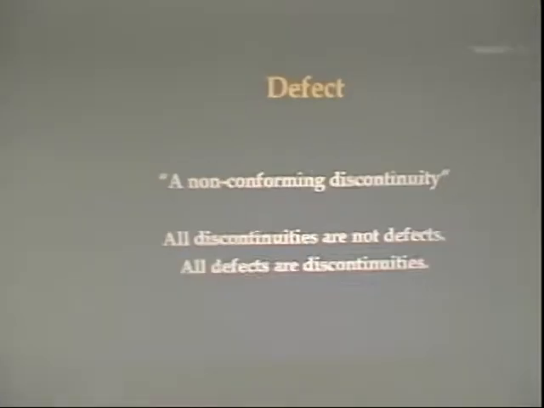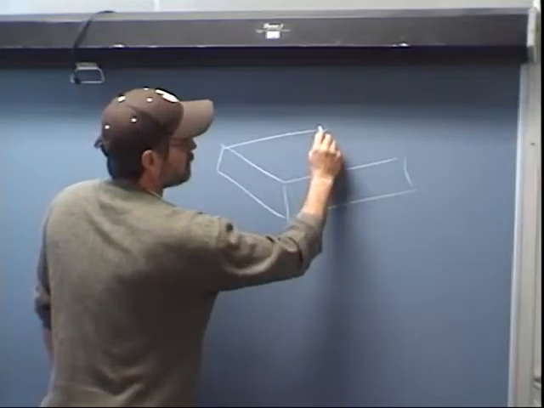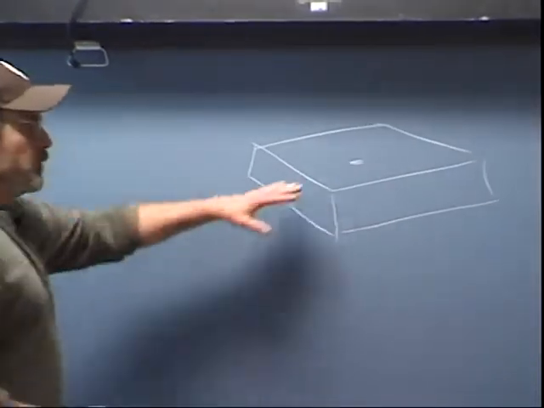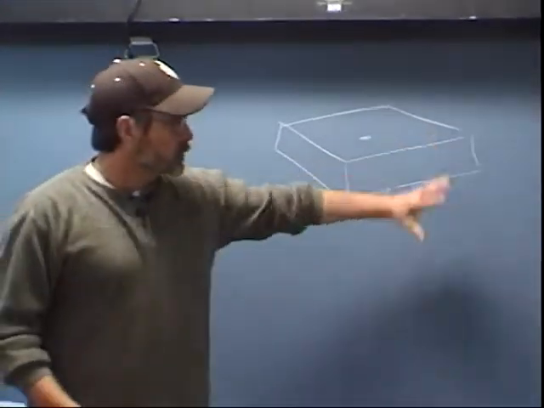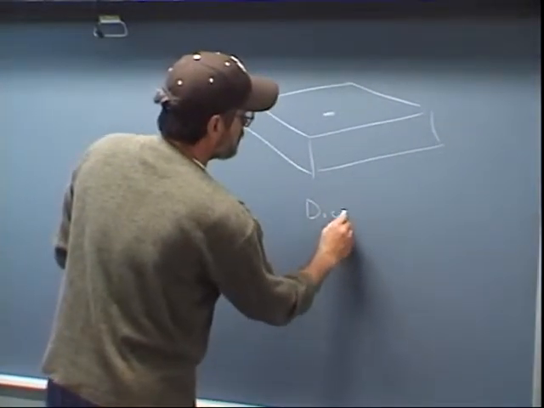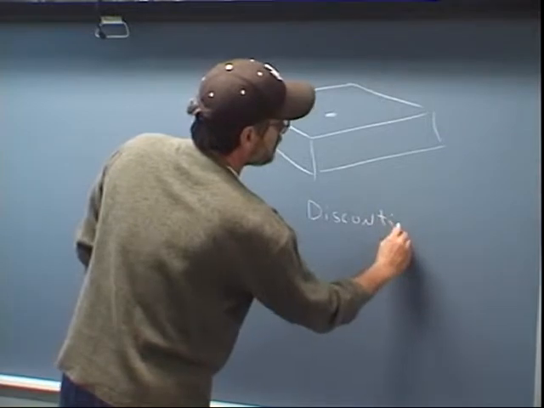Real simple explanation. If we have a block of steel, and in this block of steel we have a void, that void is an interruption in the uniform nature of that block of steel. So therefore, by definition, it is a discontinuity.